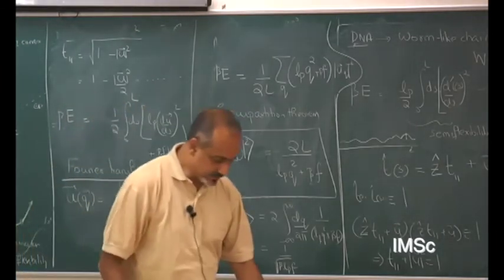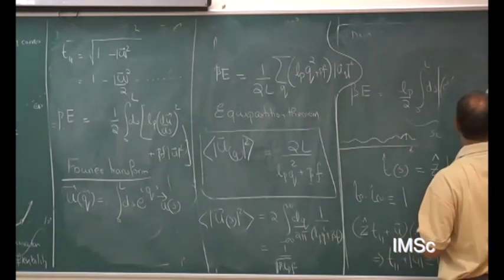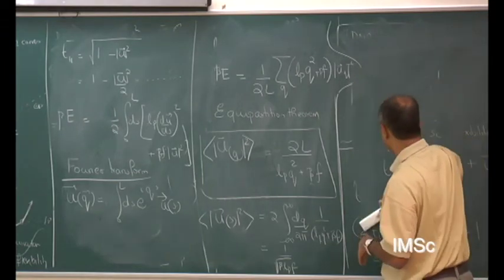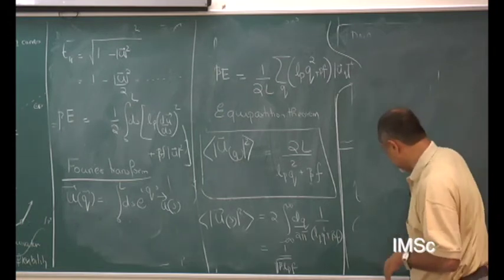There's a little bit of algebra here, but I don't want you to worry too much about it, because we are just one step away from the answer that we actually want to get. And I'll tell you what that answer is just now.